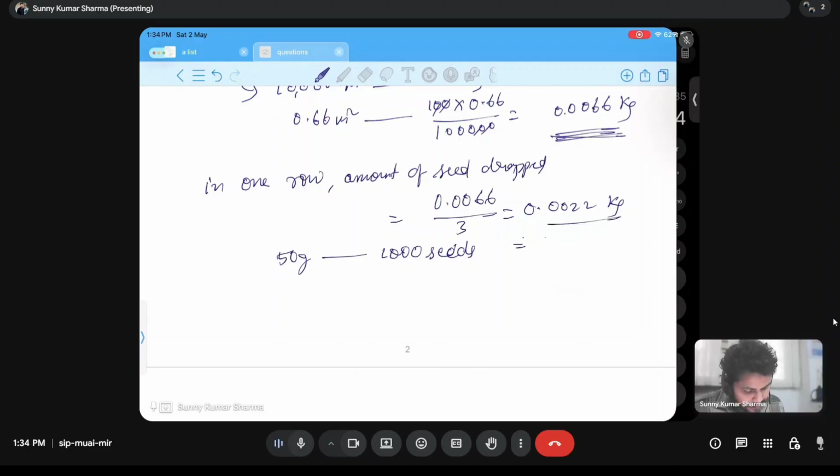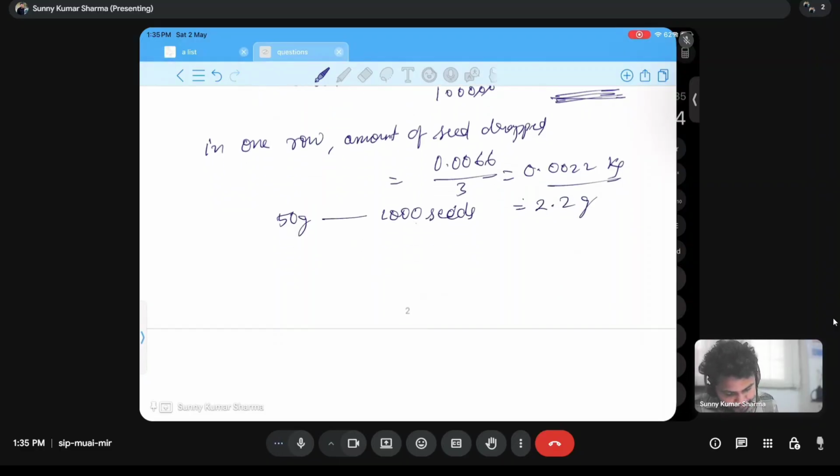So in gram it will become 2.2 gram. So 2.2 gram of seed will mean 1000 into 2.2 by 50. So this is approximately 44 seeds.